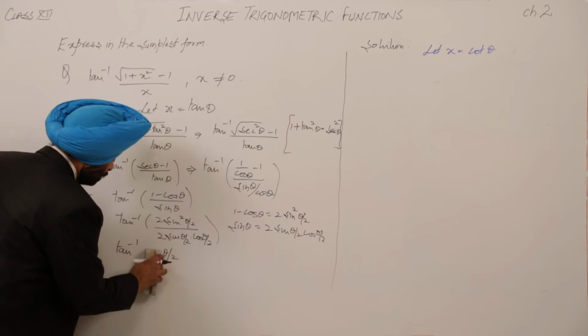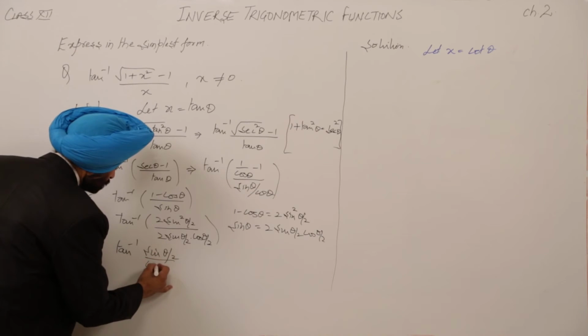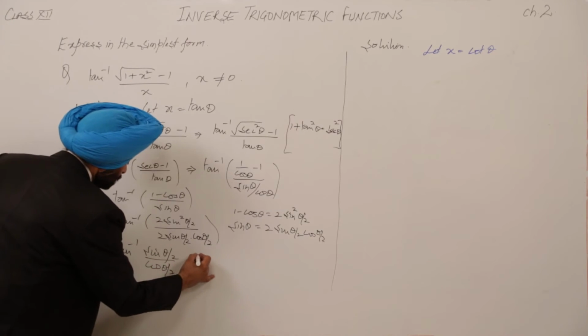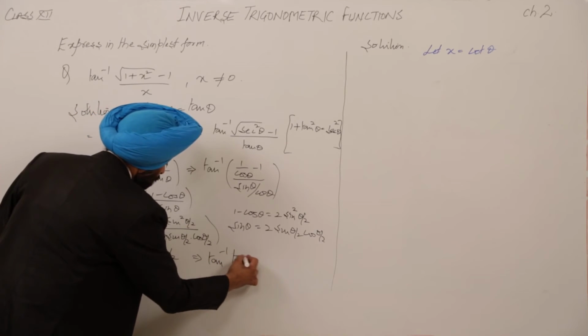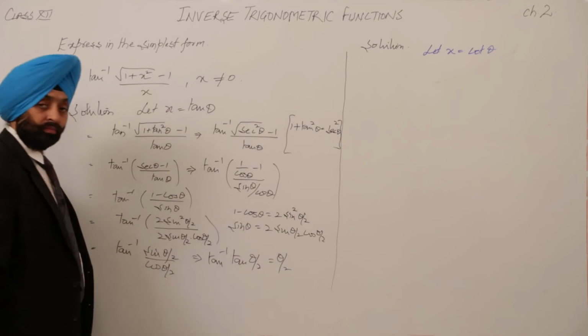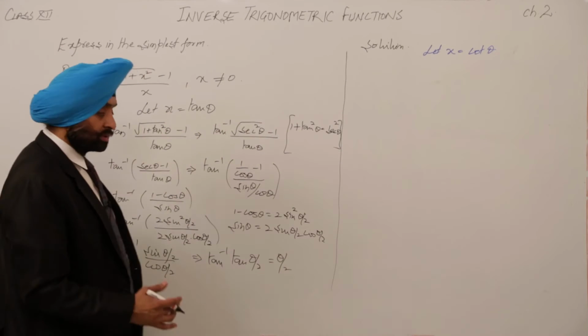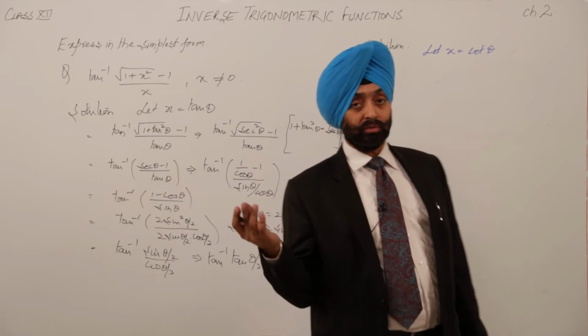I can write here, it is sin theta by 2 upon cos theta by 2, and further this becomes tan inverse tan theta by 2, and this becomes theta by 2. How theta by 2? Because we have done in the properties that tan inverse tan x is equal to x.